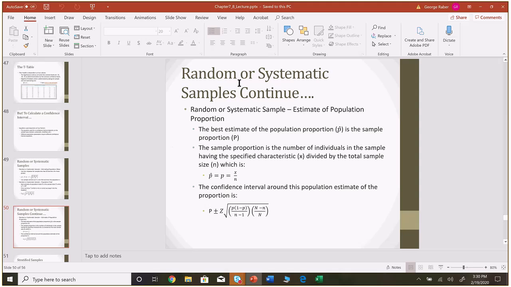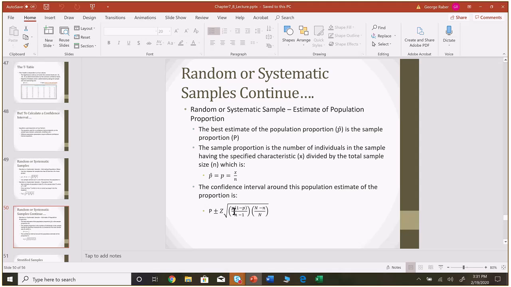And then the last estimate that we might want to come up with is the estimate of the population proportion. Okay, so the best estimate of the population proportion is the sample proportion, and then you put that into a formula like that. This is actually a really simple formula.